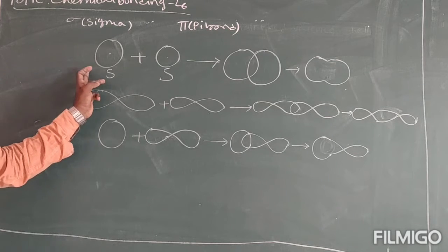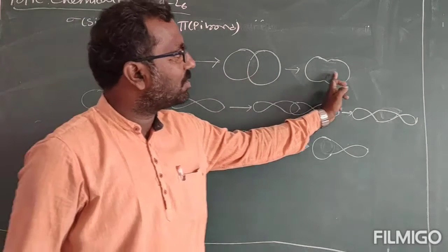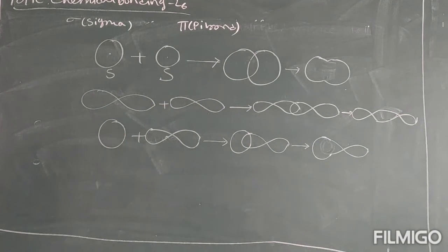Sigma bond means the overlap is through the internuclear axis only.